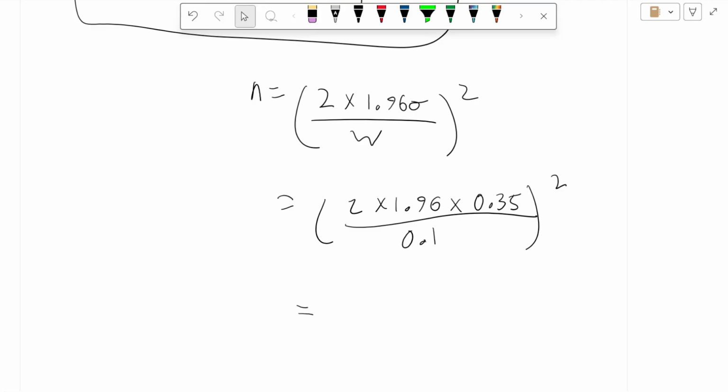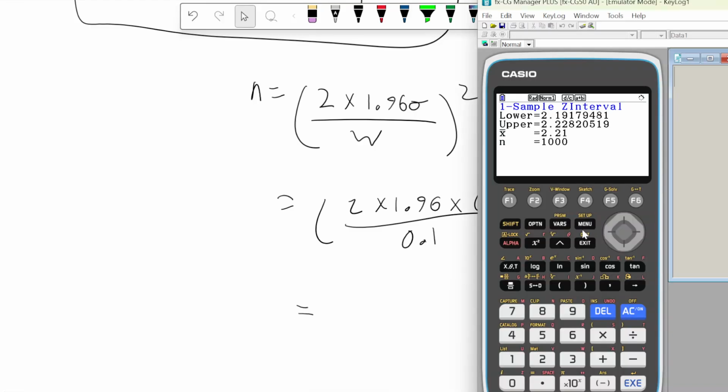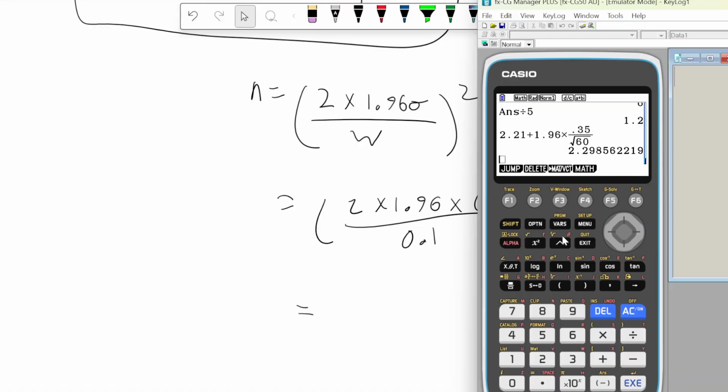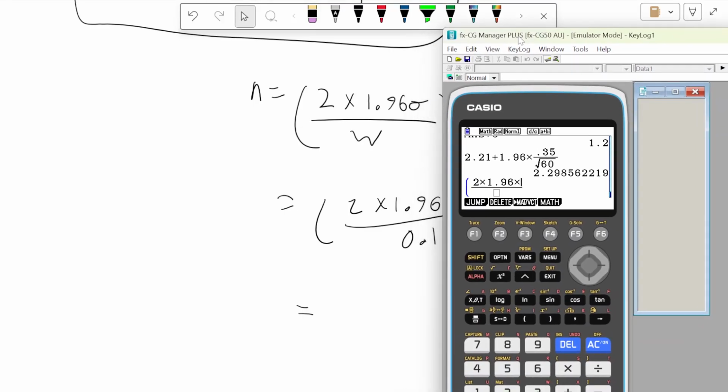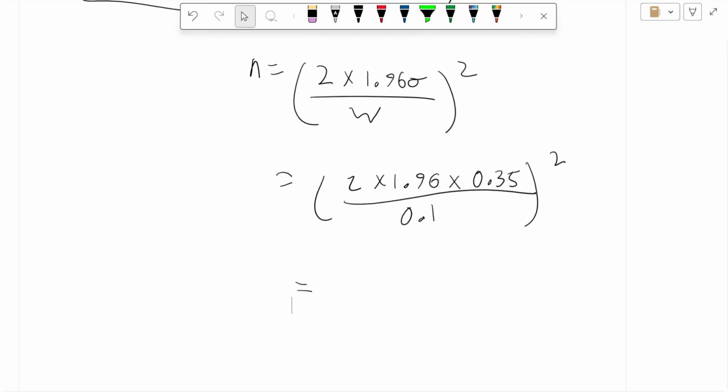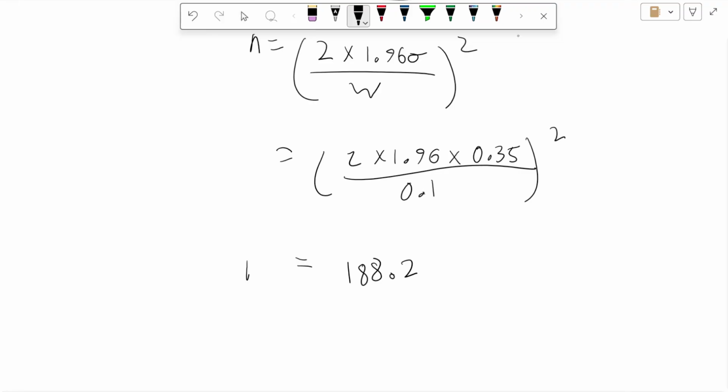So there we go. 188 Pomeranians. Okay, so there we go.